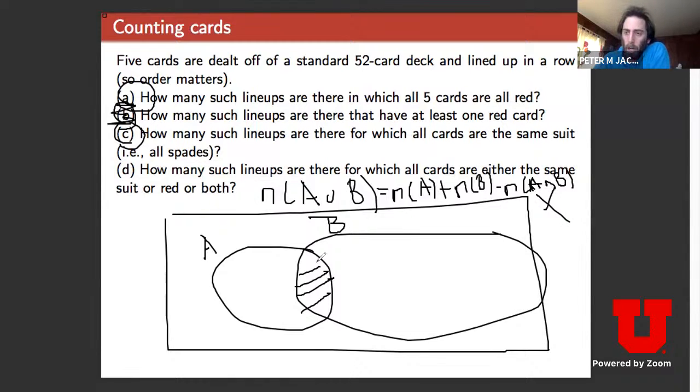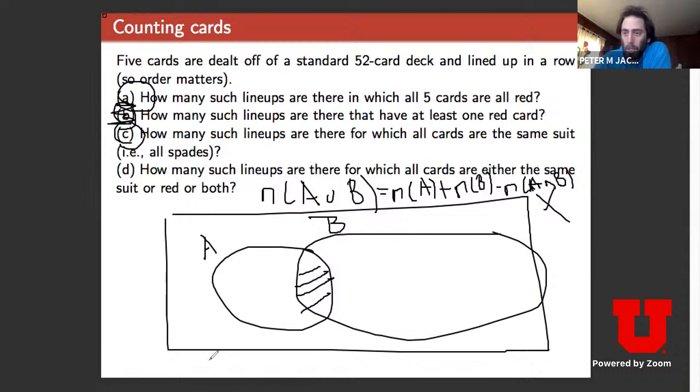And here, if you remember from a deck of cards, there are 2 suits that have a red color. So we have to subtract away all of the ways to select 5 cards from one of those 2 red suits.